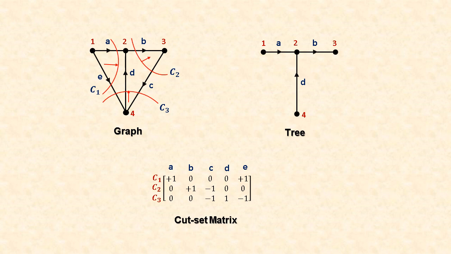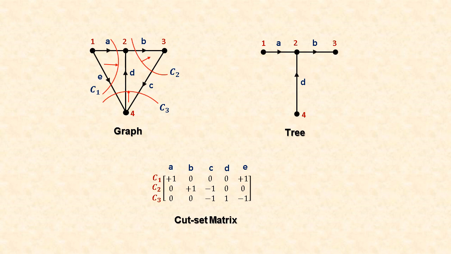Now, the cut set matrix can be drawn with cut sets as rows and branches or edges as columns. For C1, branches A and E have same direction as C1, so they are given +1 value. Other branches are given 0 value. Similarly, for cut set C2, edge B has same direction as C2 and edge C has opposite direction to C2.